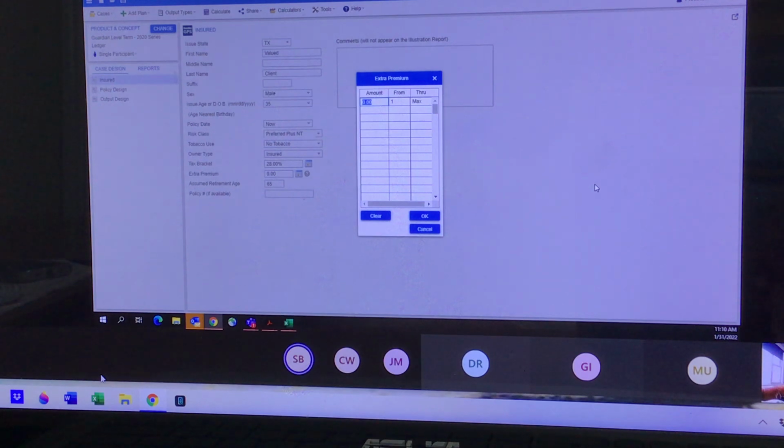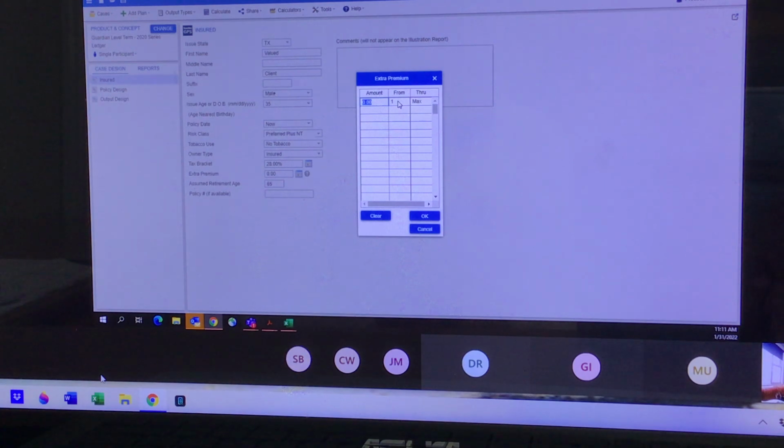So there are permanent flat extras that would be on a contract for 20 years, and then there are temporary flat extras that we would be able to choose the number of years they're on. And an example of a temporary flat extra could be a 27-year-old that may have a bad driving record in the past, and they have a $3 flat extra per thousand for 4 years.